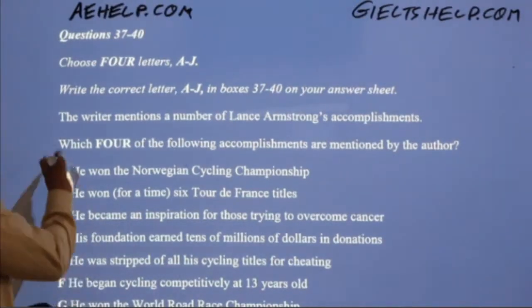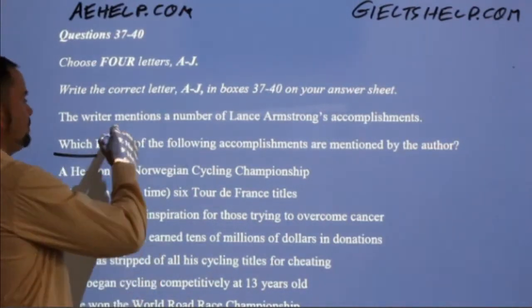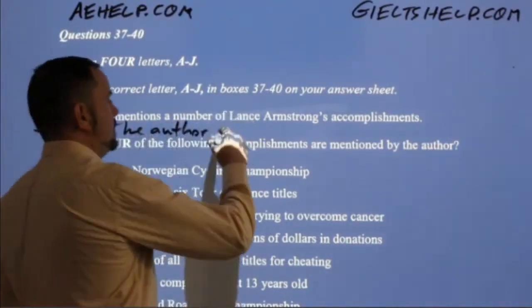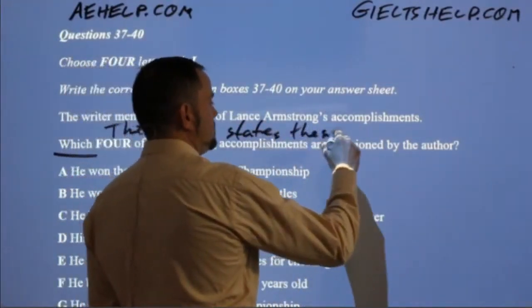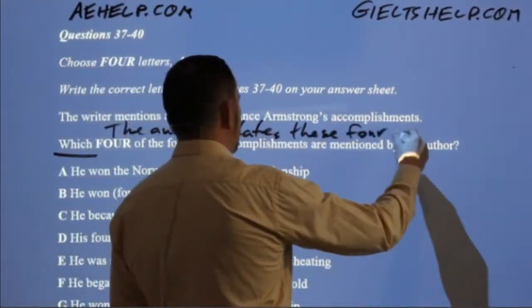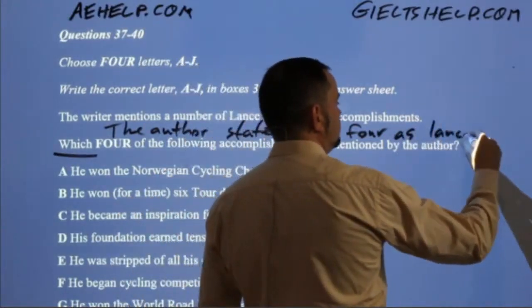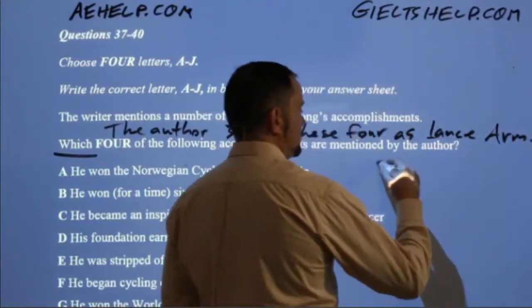So what we do with this is the same as with the first question set. We just take this and change it into a statement, paraphrase it nice and fast. Okay, so the author states these 4 as Lance Armstrong's achievements.